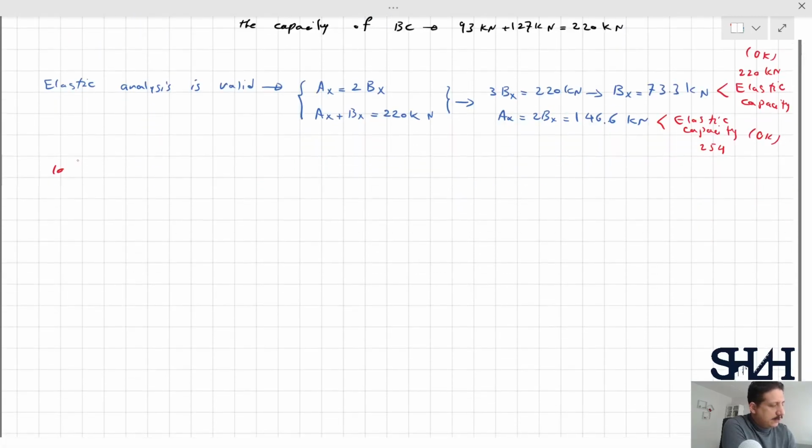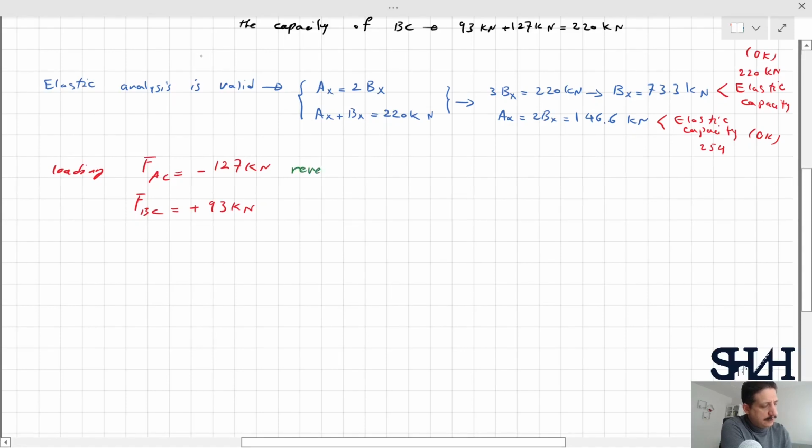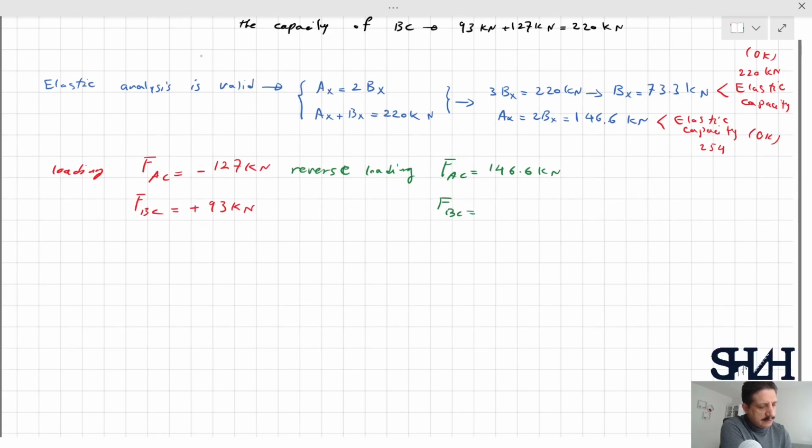So loading FAC was minus, it was in compression, minus 127 kilonewton, and FBC was plus 93 kilonewton. And in reverse loading, AC is 146.6 kilonewton and BC is 73.3 kilonewton.